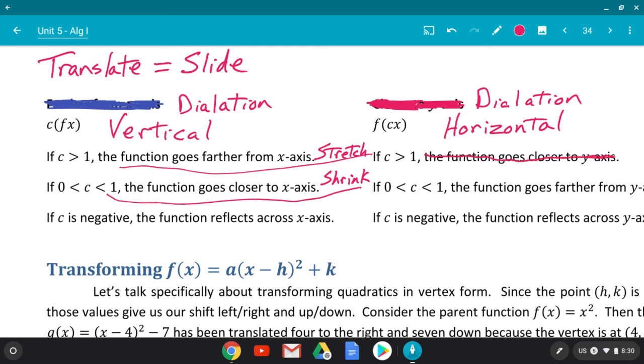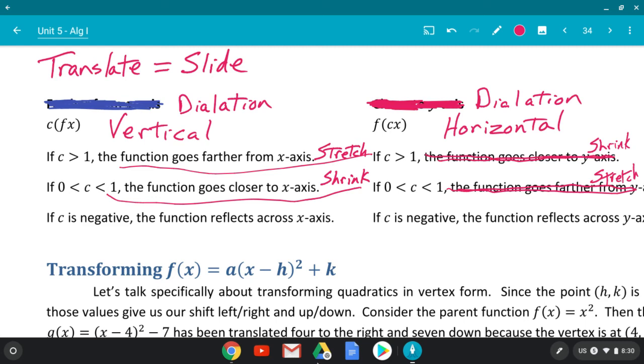If it's greater than 1, we would initially think that's going to be a stretch. But it's a shrink. And if it's a fraction, it's a stretch. Because it's inside the parentheses, and those parentheses make it do the opposite of what we expect it to.